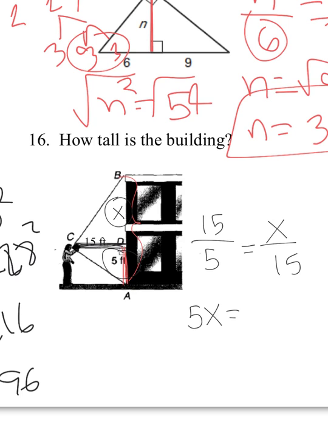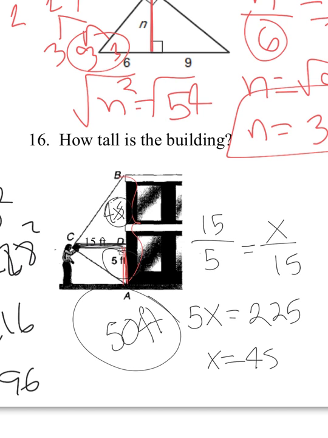So 5x equals 15 times 15. Which is what, 225? Yeah. Divide that by 5, and x is 45. But 45 plus 5, the building is 50 feet tall.